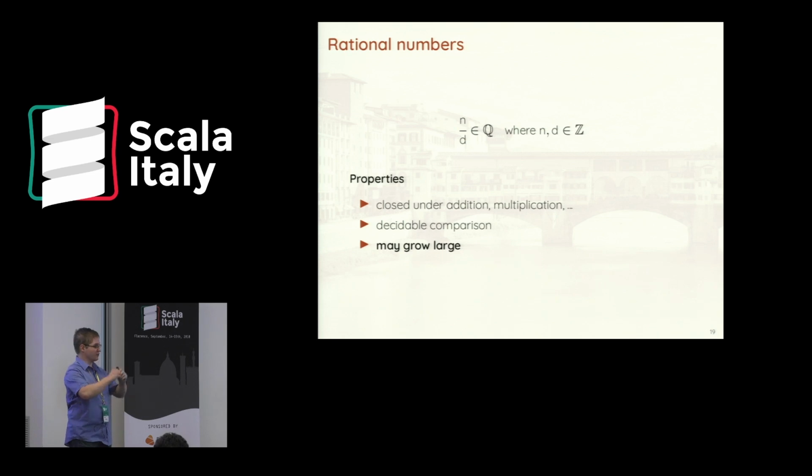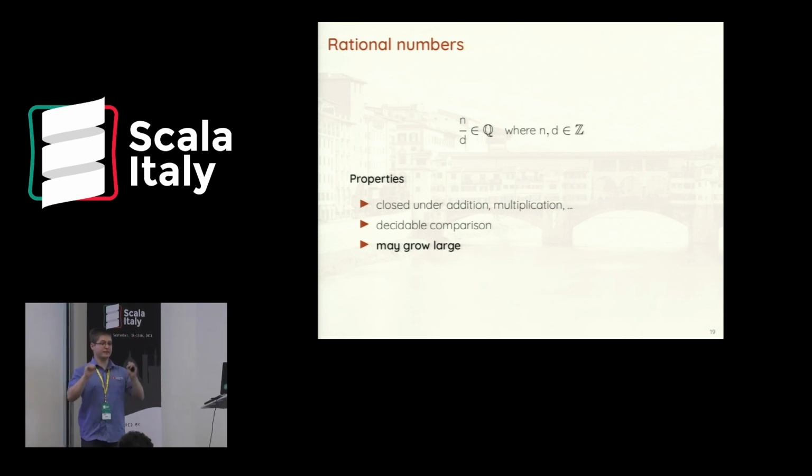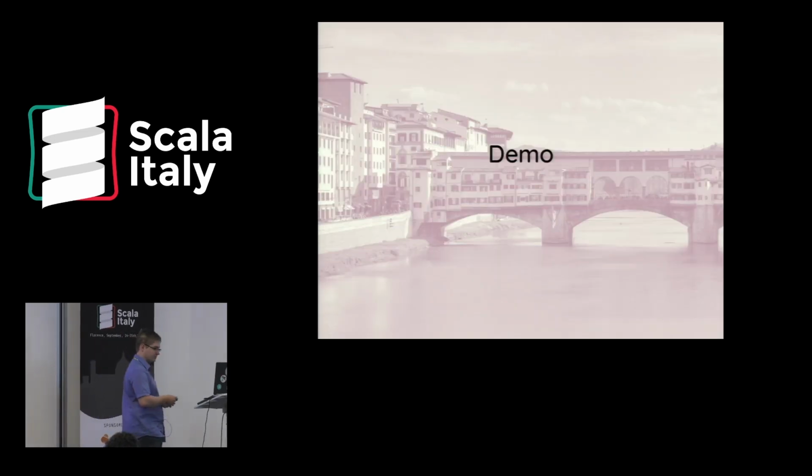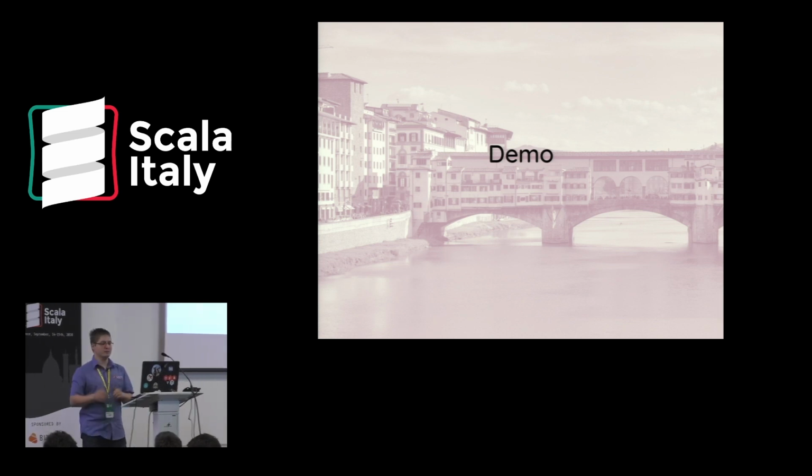So your numerator and denominator may grow a lot. That may take a lot of memory, but depending on your use case, maybe, for example, you know that you only have 10 numbers to add up, then it's fine, because you then can make an estimate on the memory consumption.